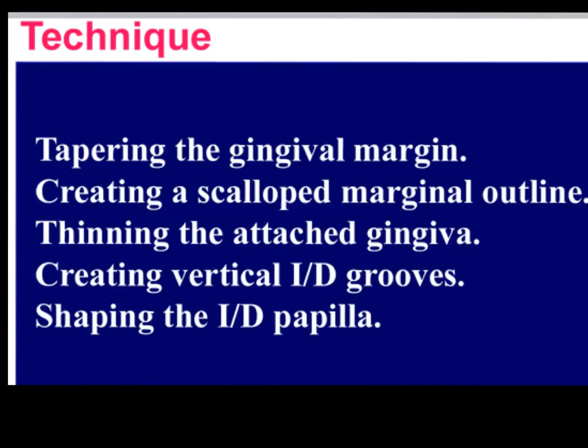The technique is by tapering the gingival margin, creating a scalloped marginal outline and thinning the attached gingiva, creating vertical interdental grooves and shaping the interdental papilla. ID means interdental papillae.